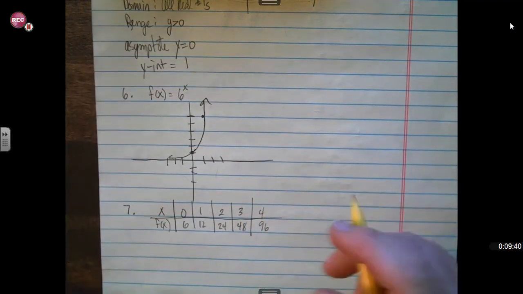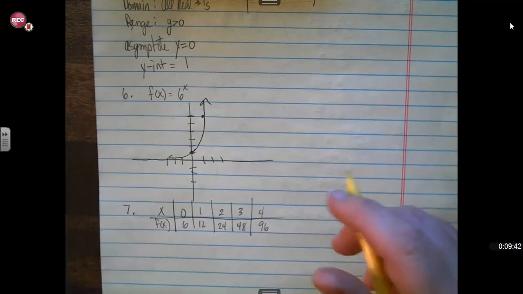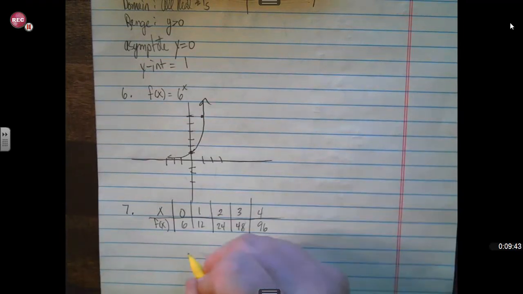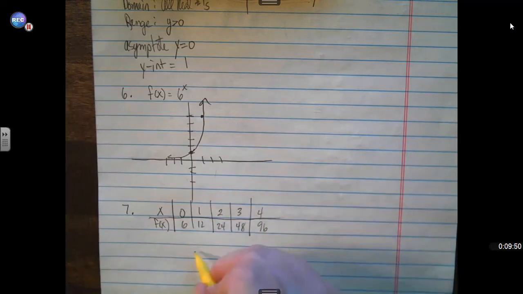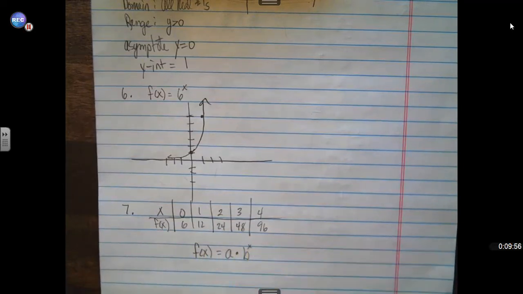And so it wants us to write the exponential function that would cover this set of data. And that is of the form f of x equals a times b to the x. Remember, a is the first term. What is the term when x is 0?